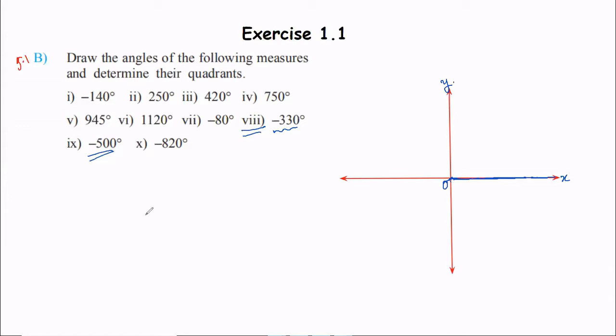So when I talk about minus 500, I'll subtract minus 360. The reason is this time we are plotting clockwise, and that's why while subtracting you also need to consider minus 360. So minus 500 plus 360 gives you minus 140.